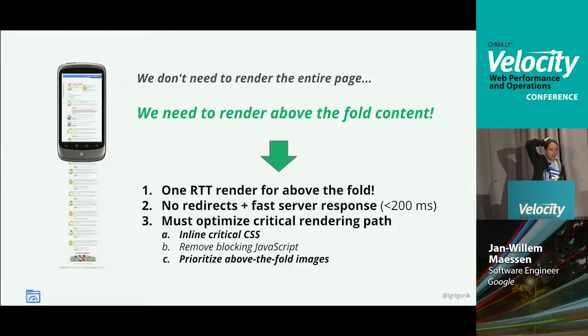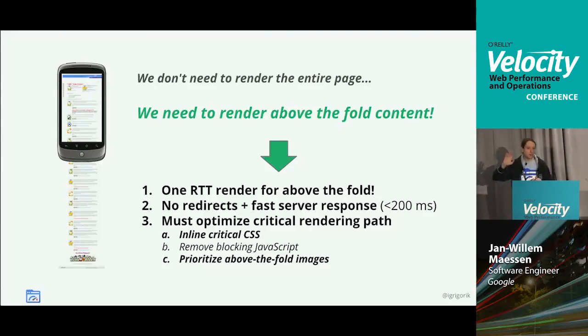And that actually can buy us some time to do some of these other more time-consuming tasks, like downloading external resources, while the user is looking at and understanding the content at the top of our page. So the real goal here, and again, this is taken directly from Ilya Grigorik's talk, is to have one round-trip render for the above-the-fold part of the page, the part everyone's going to see when they first visit your page.